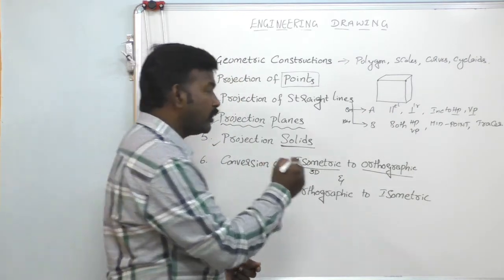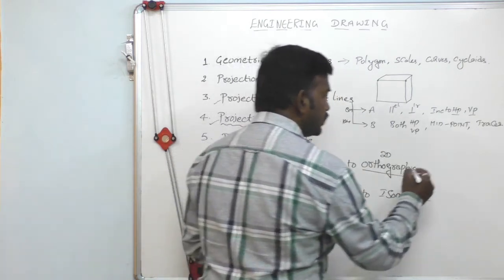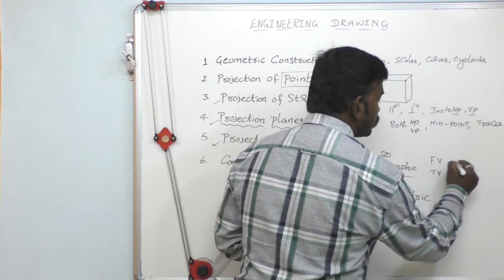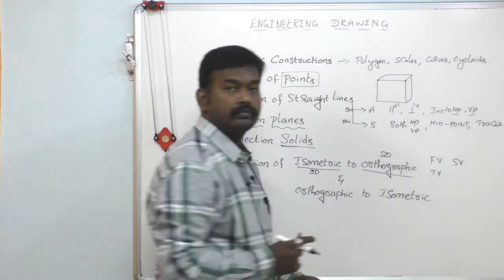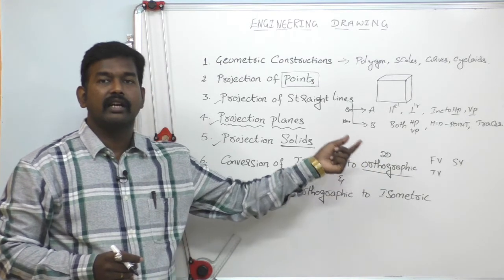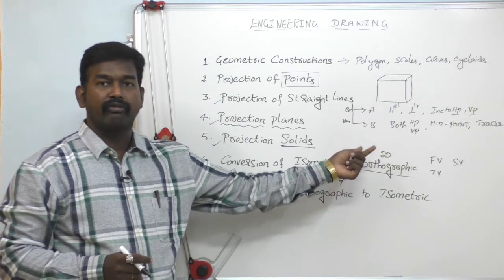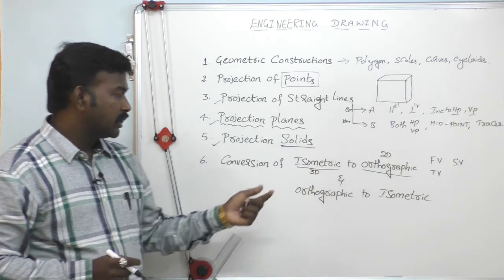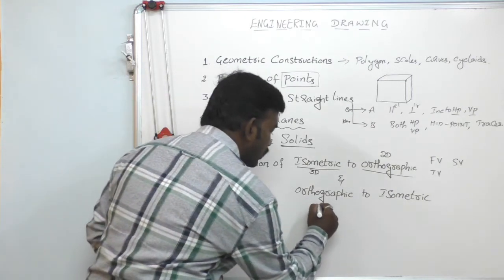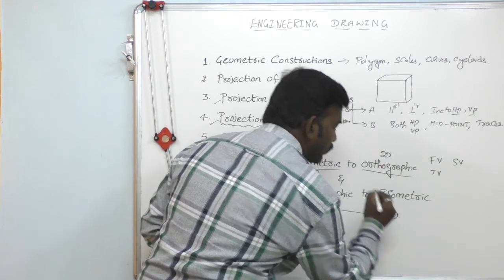We have to convert it into orthographic, that is two-dimensional: front view, top view and side view. Orthographic projection is two-dimensional, for easy understanding when reading the drawing. Sometimes in reverse a two-dimensional object is given and we have to project it into three-dimensional.